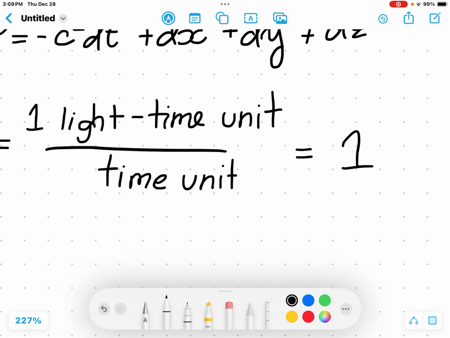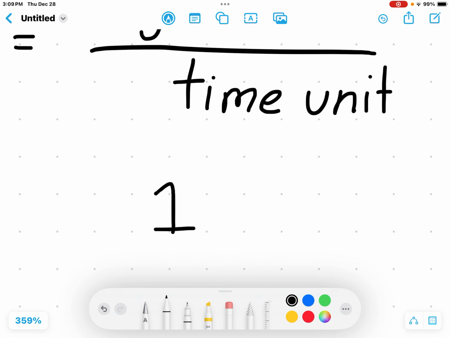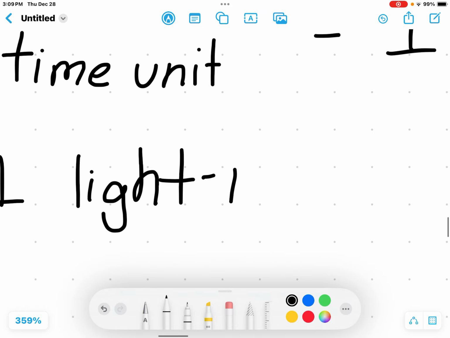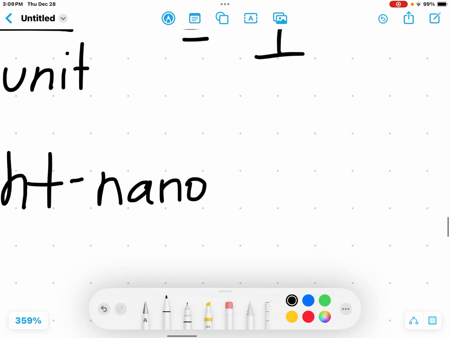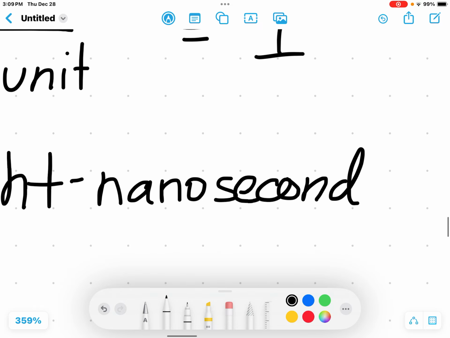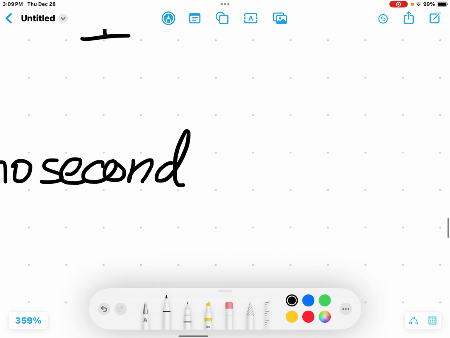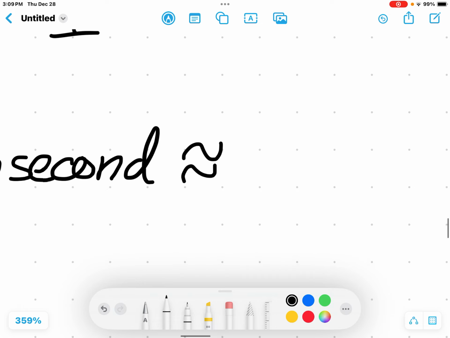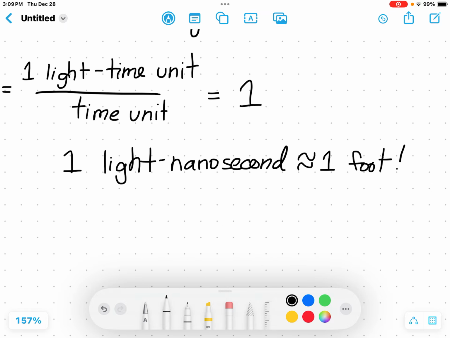Because multiplying c by a time unit gives me a length, or a distance. So multiply the speed of light by 1 nanosecond, and I get something approximately equal, within 2 millimeters of precision, to 1 foot. It's crazy, but that's physics for you. We make the most seemingly unrelated connections, and also math, of course.